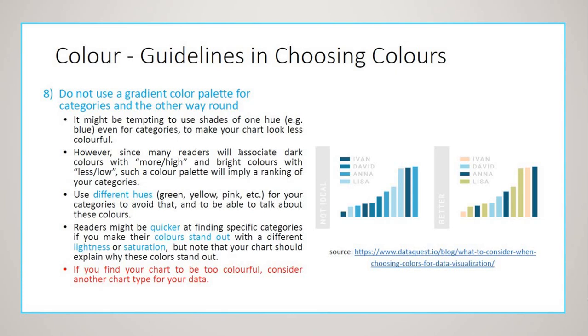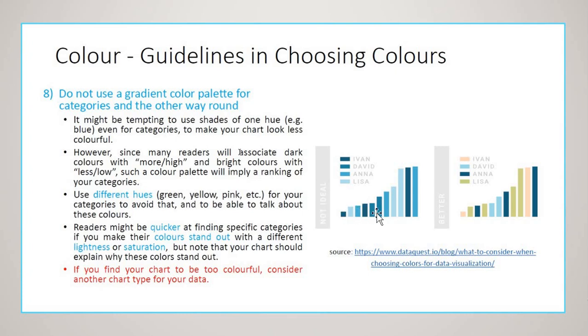Do not use gradient color palette for categories and the other way around. Okay, macamnya it might be tempting to use shades of one hue even for categories to make your chart look less colorful. However, since many readers will associate dark colors with high and bright colors with low, such a color palette will imply a ranking.